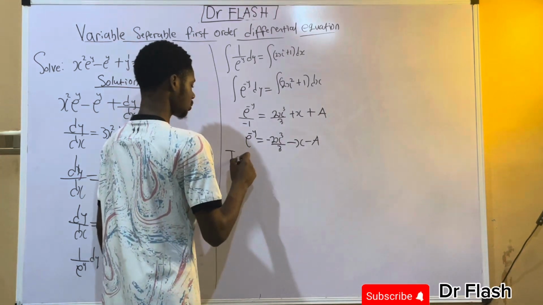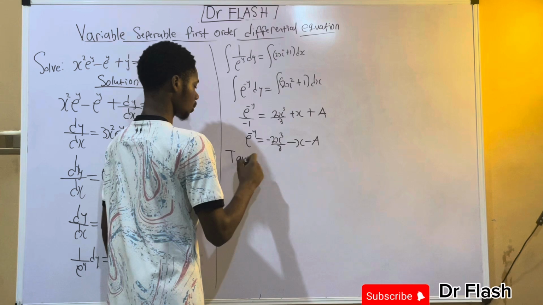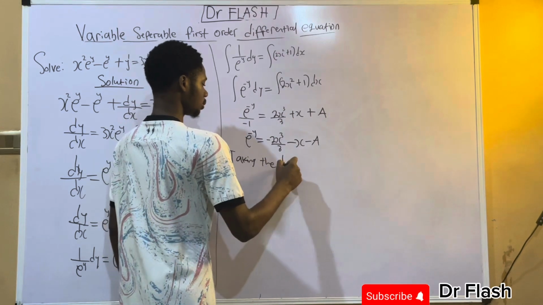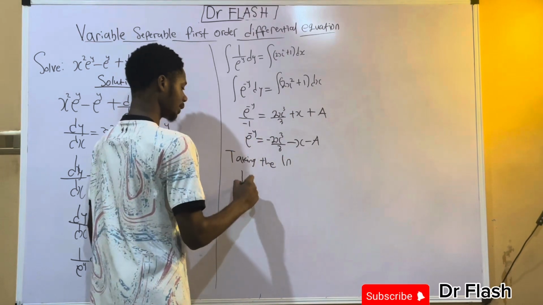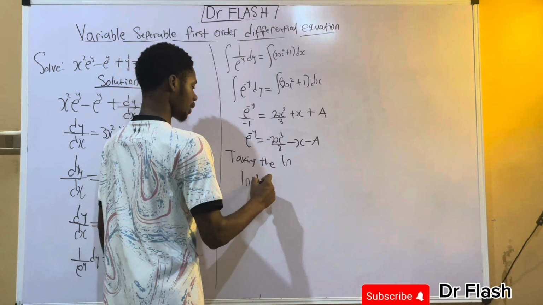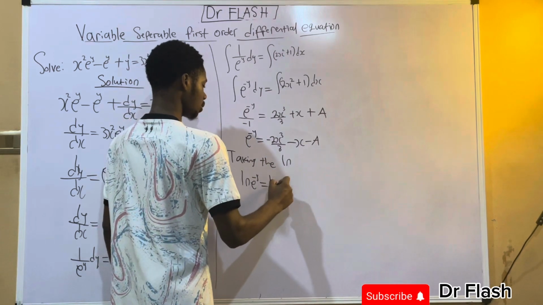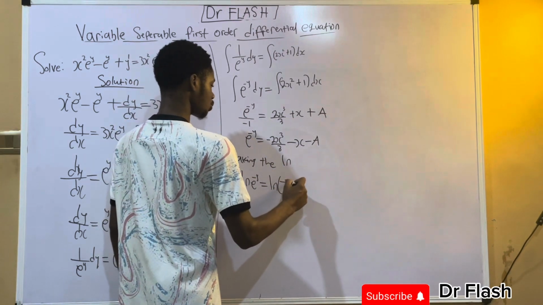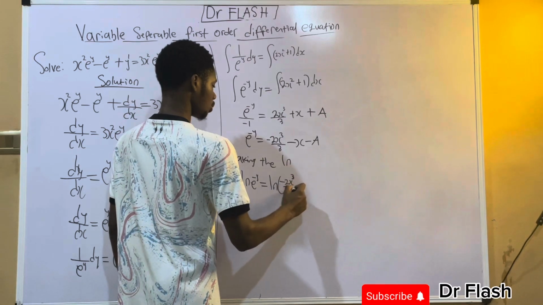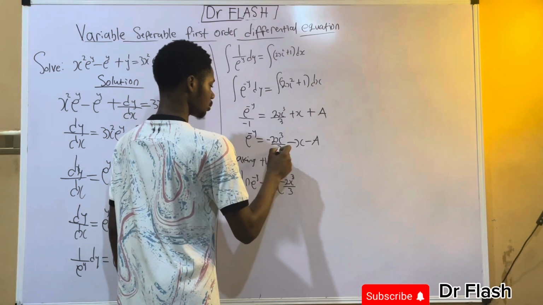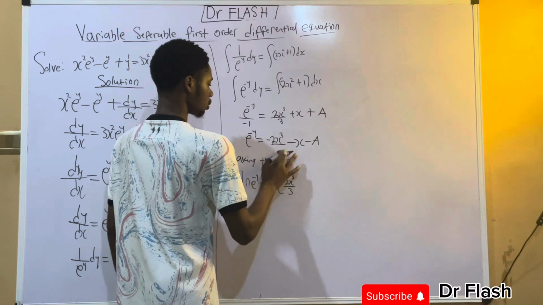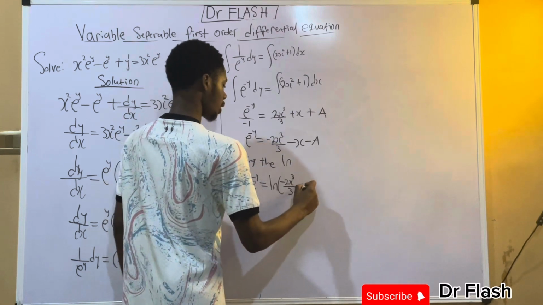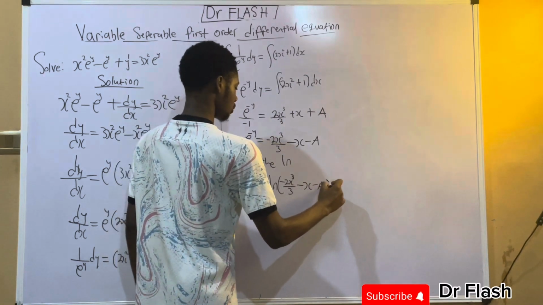Taking the ln of both sides, we get ln of exponential minus y equals ln of minus 2x cubed over 3 minus x minus a.